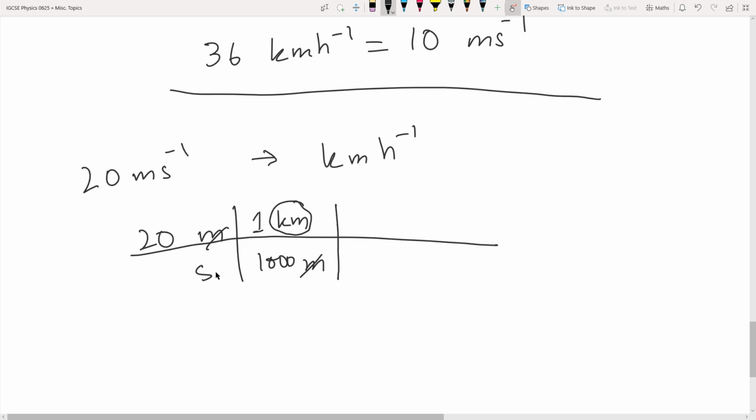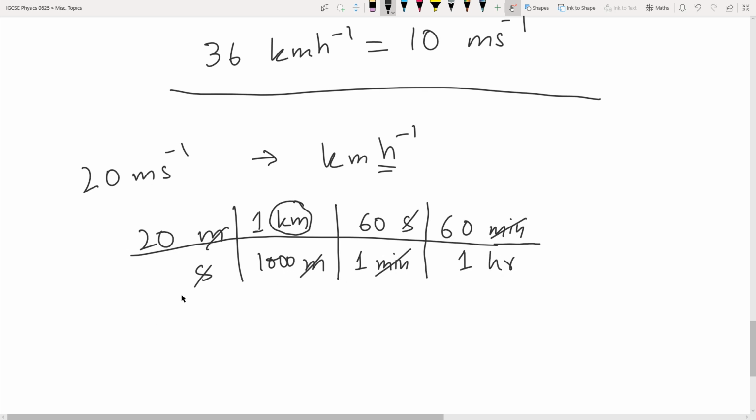Now for seconds, to go into hours, we will use that 1 minute provides us 60 seconds. So seconds are crossed off, and we get minutes. Now to convert minutes into hours, we have 60 minutes in 1 hour, so minutes are cancelled off.